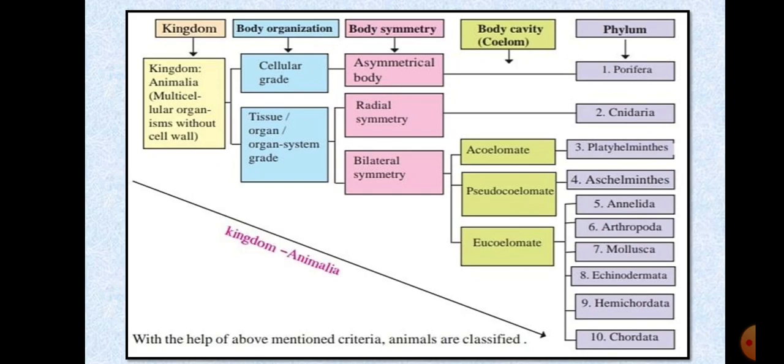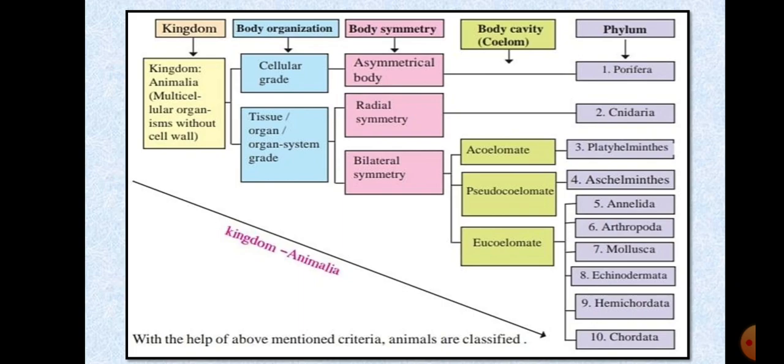So that is why I told you that you will have to remember the order of the phylum. You cannot mess up with that, because the least developed organisms are placed in the lower phylum, whereas the completely highly developed organisms are placed in the topmost phylum or the topmost class that we'd be studying now.